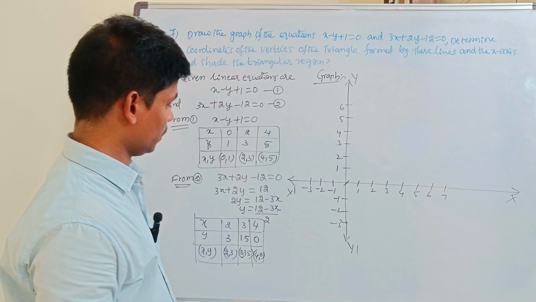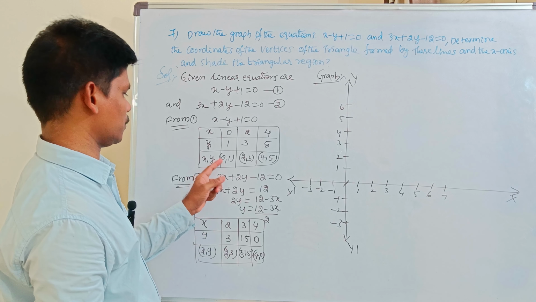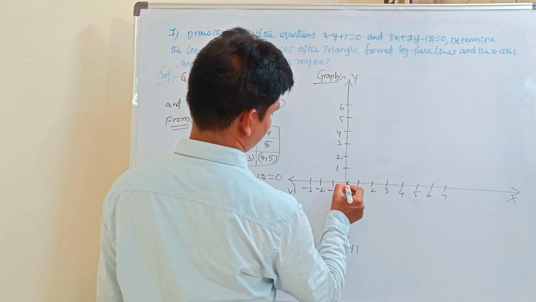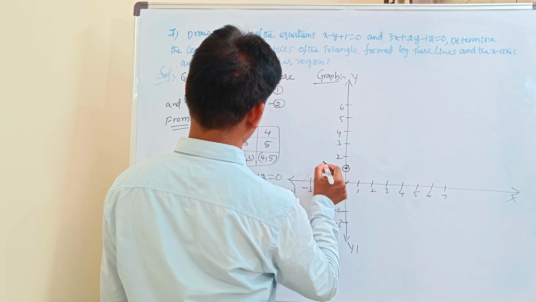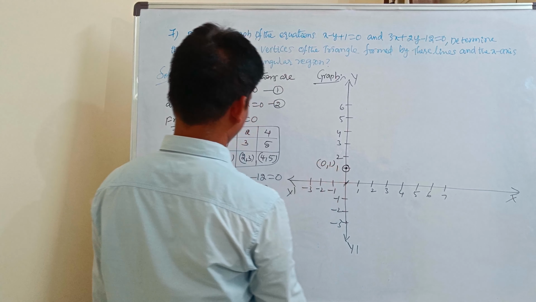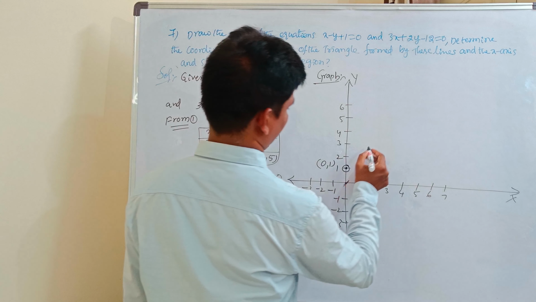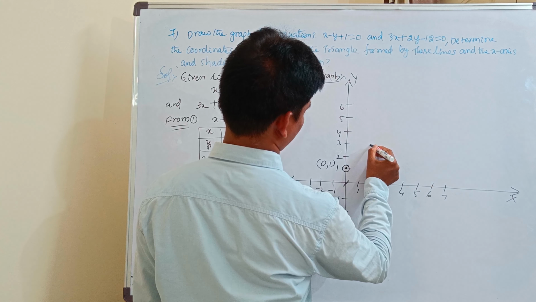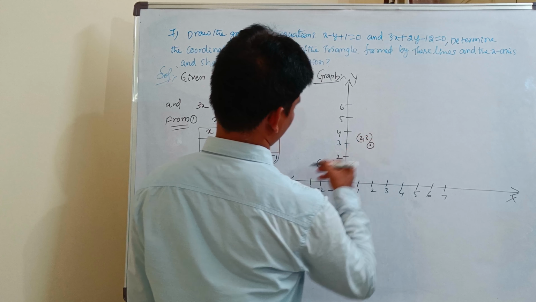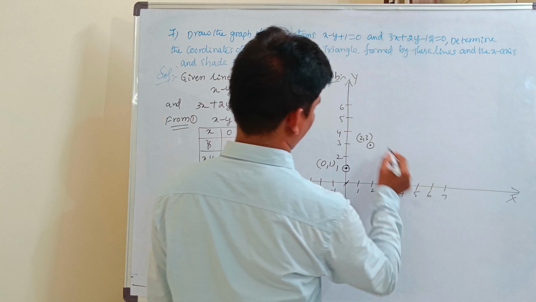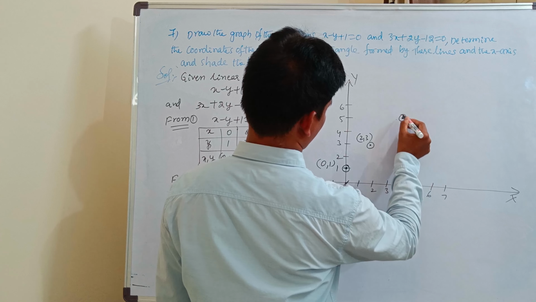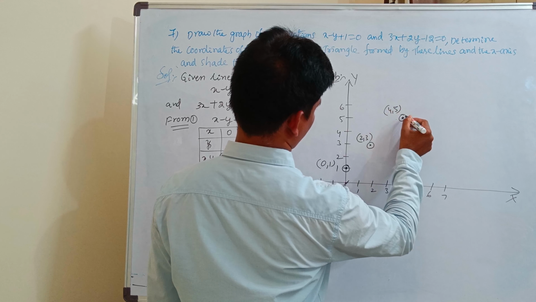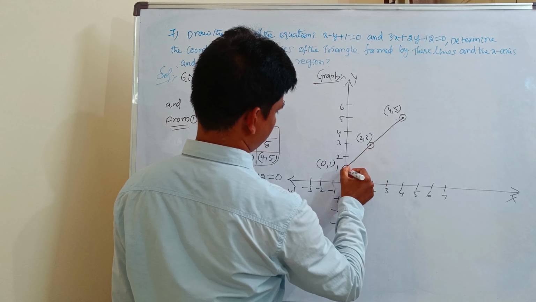So here the solutions: take 0 comma 1. So here x is 0, y is 1. Here the point 0 comma 1. Next 2 comma 3, 2 here, 3 here. Next 4 comma 5, 4 here, 5 here. So join these points.